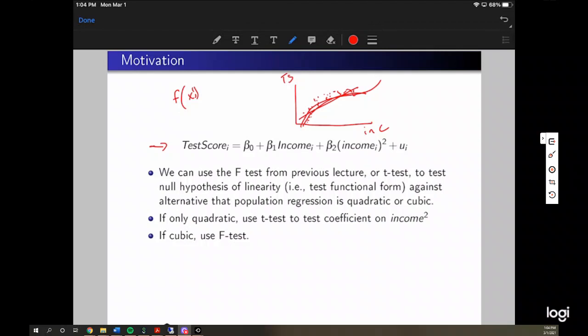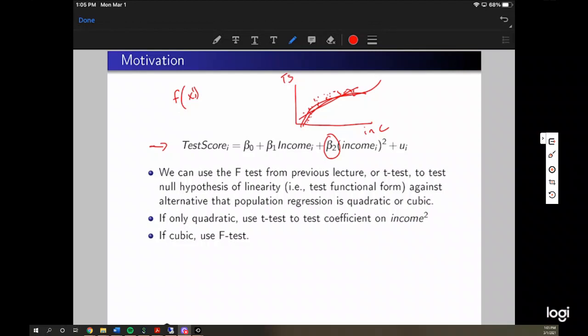All we have to do is the regular t-test on beta 2 to tell us if beta 2 is different from 0. If it's different from 0, then it's probably safe to assume we should have the squared term in there. If we fail to reject the null that it's 0, then we can conclude that the linear model is sufficient for our data.